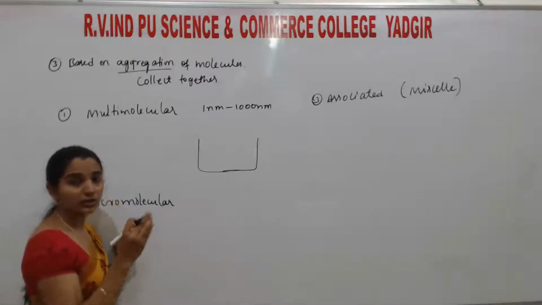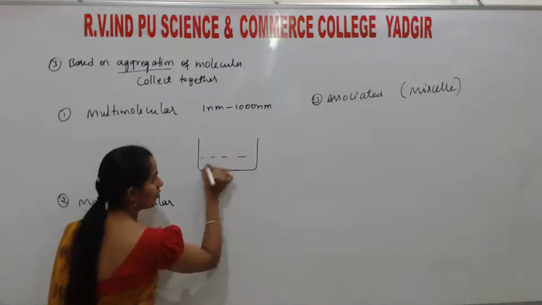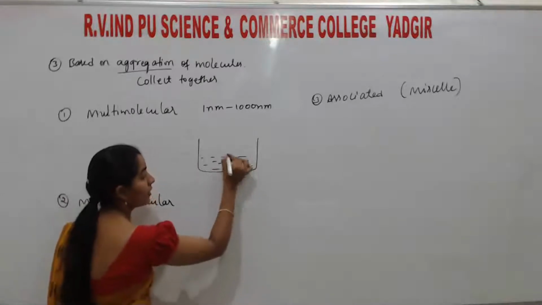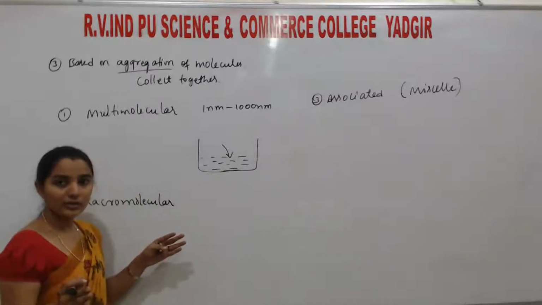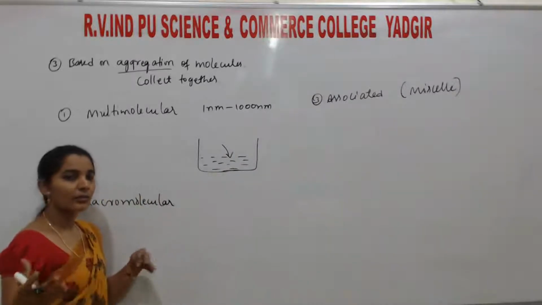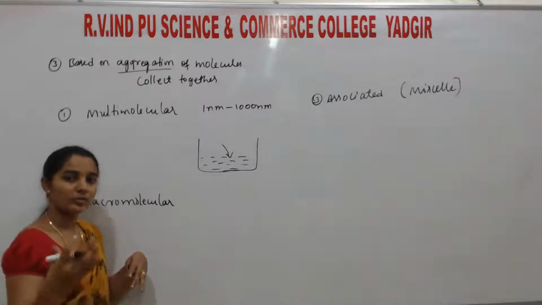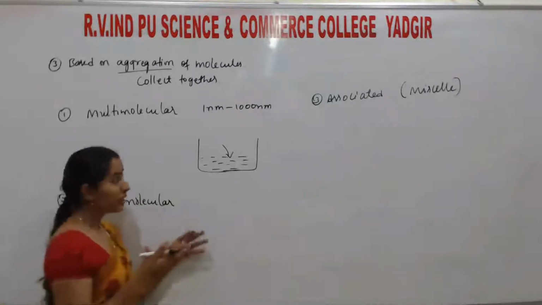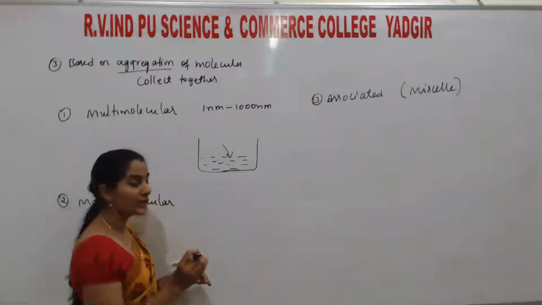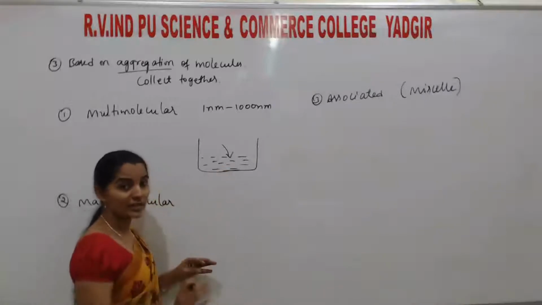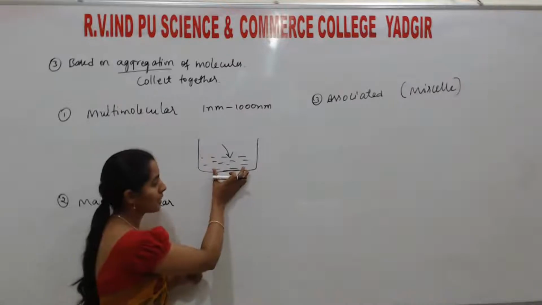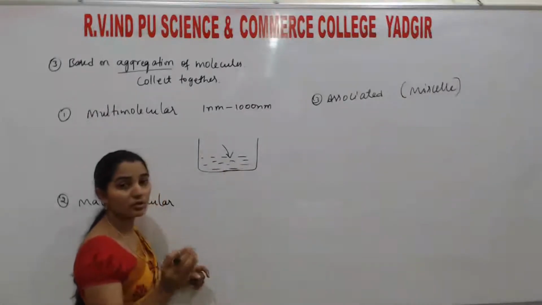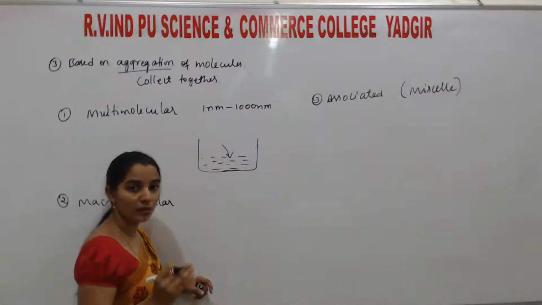Upon dissolution, when a solute is dissolved in a solvent, it splits into ions. They may be simple atoms or ions, anything. Then the size of those particles upon dissolution becomes very small.